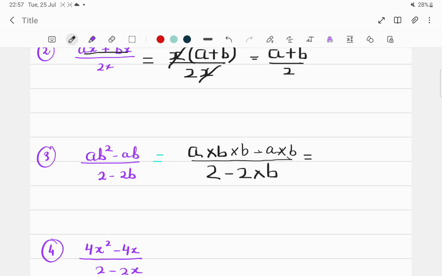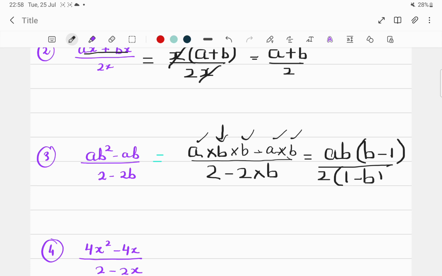From here I can see that a and b are present in both terms of the numerator, so I can take ab common. When I take it out, I will be left with b in the first place, and minus 1 because the whole term ab has been taken out as common. In the denominator it is 2 times (1 minus b).